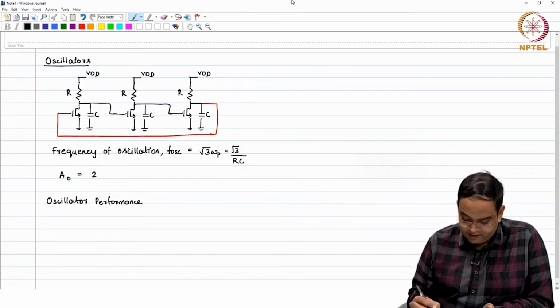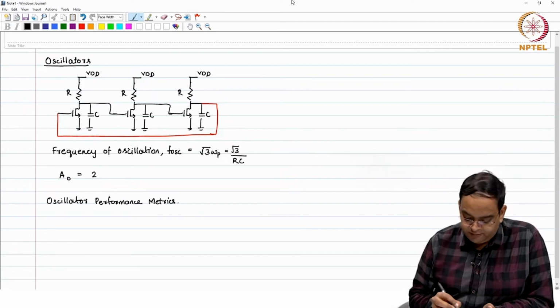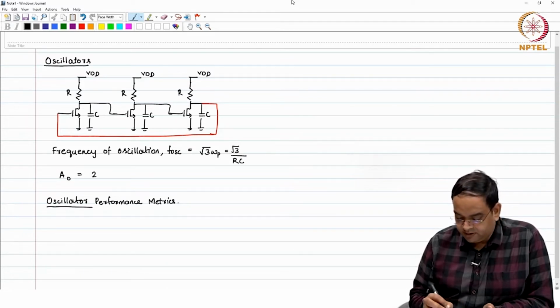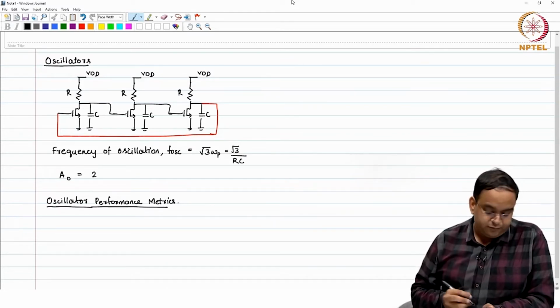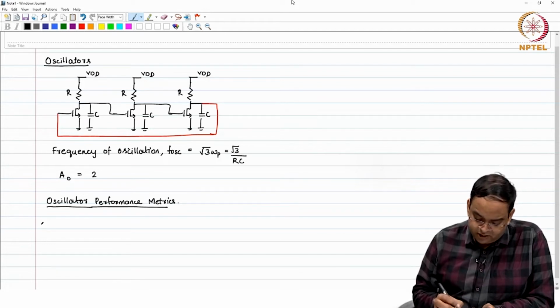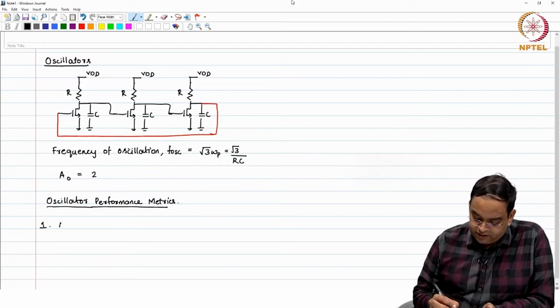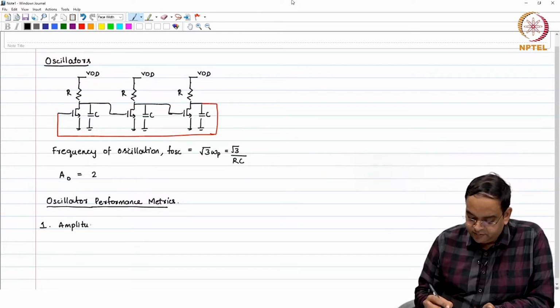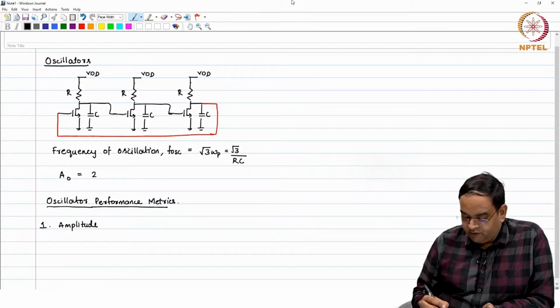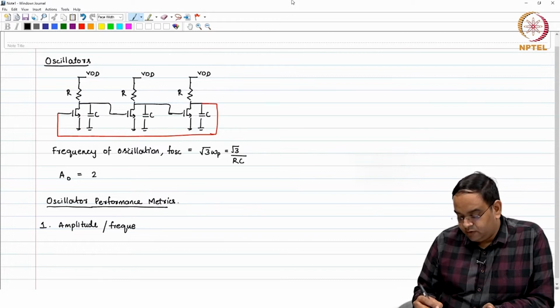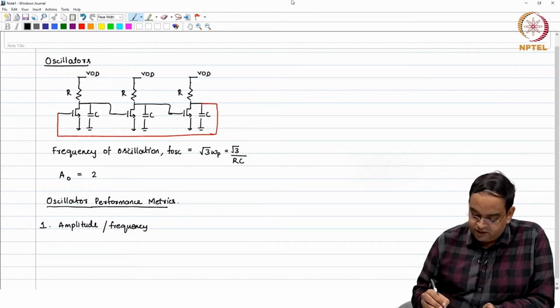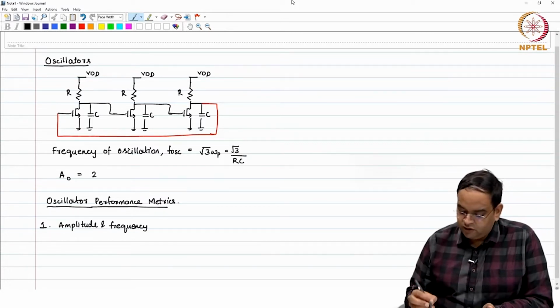Performance matrix, whether this oscillator is good or not, whether it will meet our demand or not, that is something which we need to figure out. So, first thing is, in this particular oscillator, what is the amplitude of oscillation? Amplitude and frequency stability are the two things which you will measure for any given oscillator.